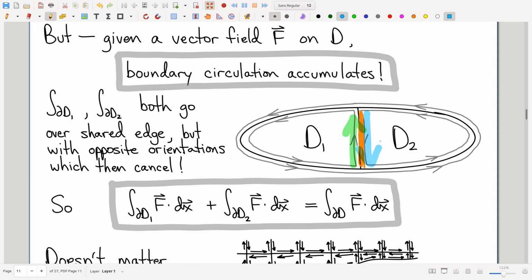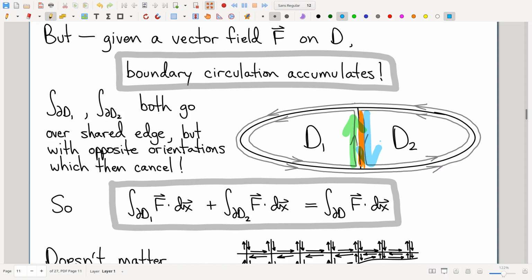So these are what you might call the suspicious, problematic terms. If I want the whole to be the sum of the parts, this is the problem. This is what's making it seem like it wouldn't work.